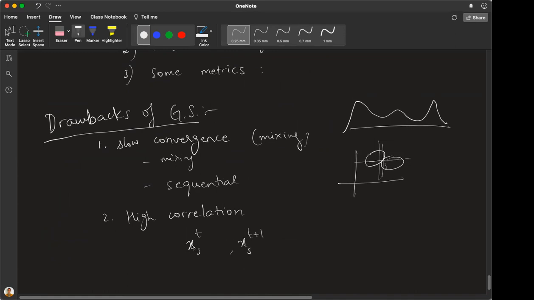Between these consecutive samples, the correlation is very large. Intuitively, let us say this is your entire state space. If you start from here, you will move only slightly away, very close. Very long or very large jumps are generally not possible.